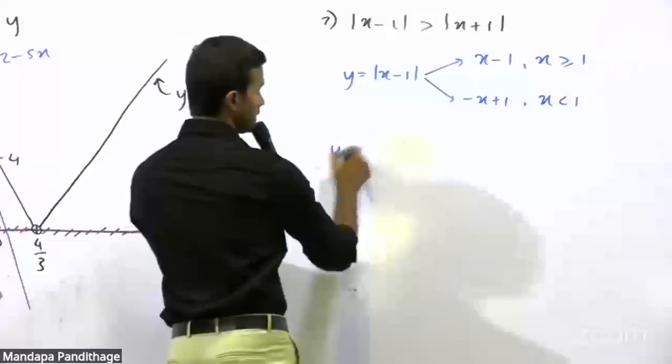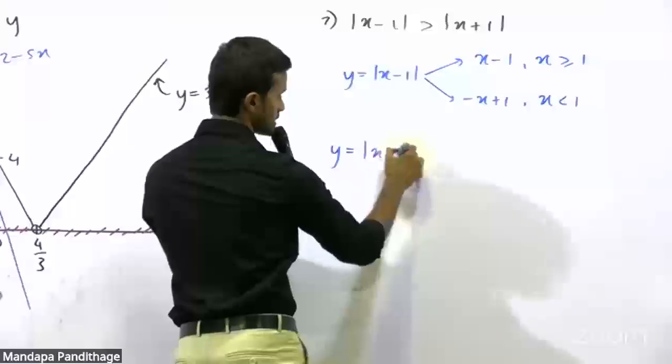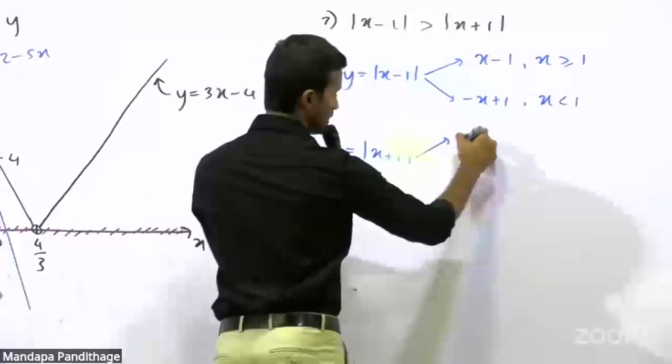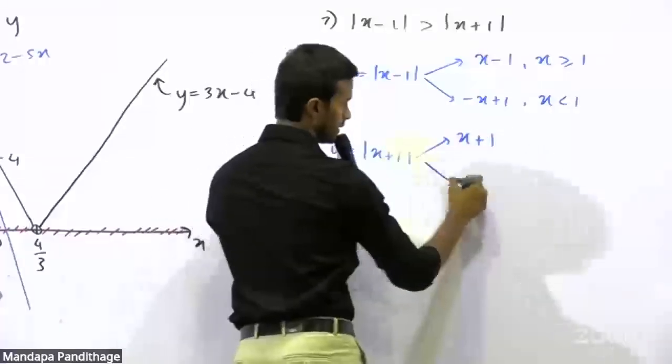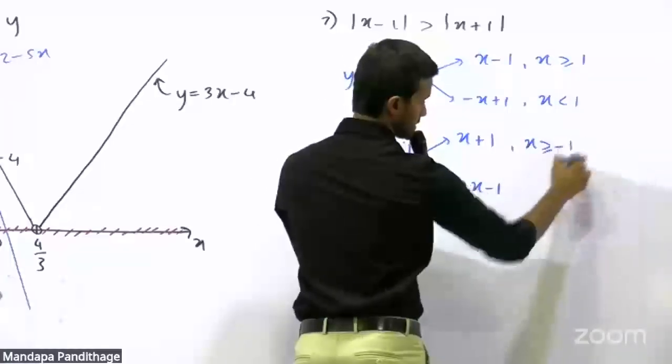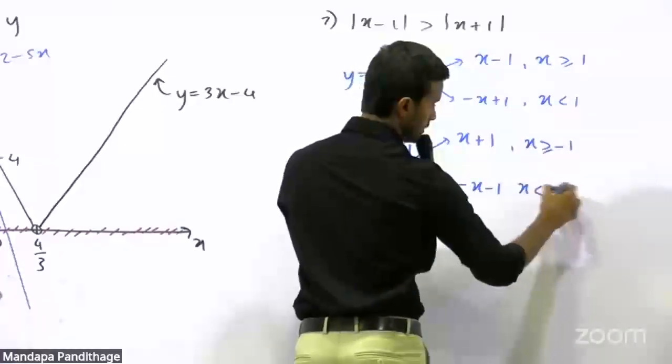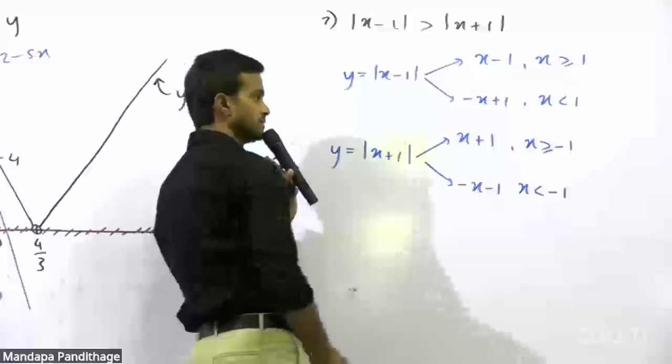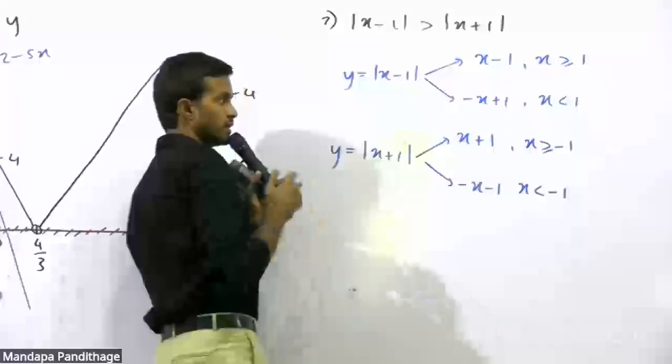And if you write the other one, the modulus of x plus 1, you get x plus 1 and you get minus x minus 1. So this is when x is greater than or equal to minus 1, and this is when x is less than minus 1.